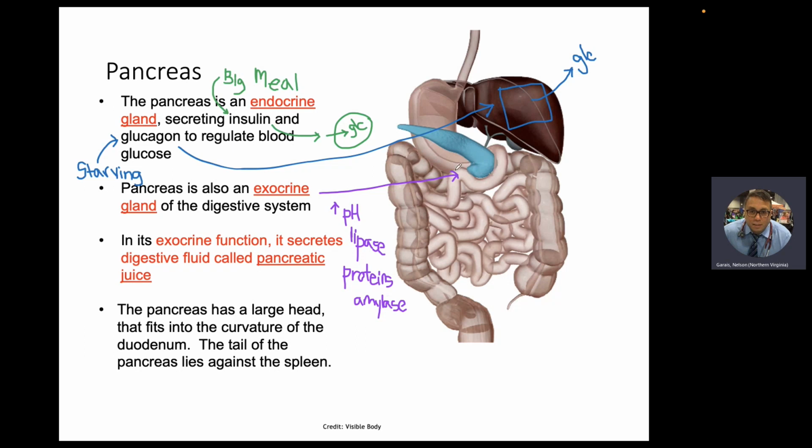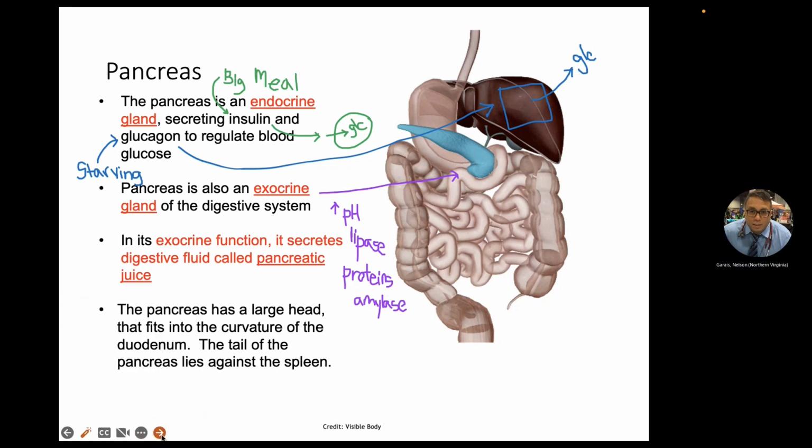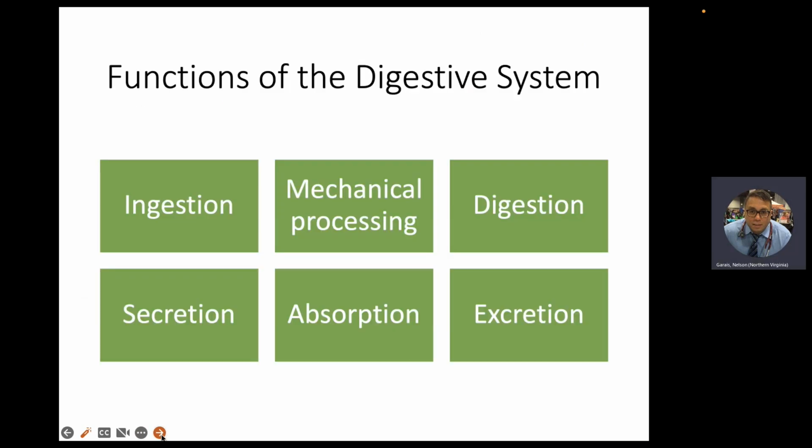It's intimately located underneath and in the back of your stomach, and it's directly connected to the first part of your small intestine, which is the duodenum. Okay, so that is that. Very, very nice slide. A lot of juicy things.